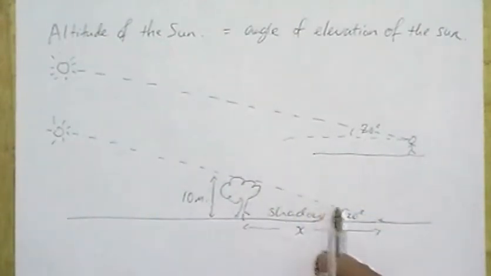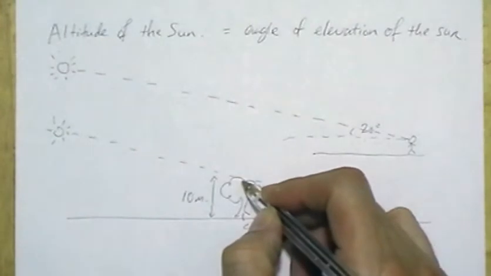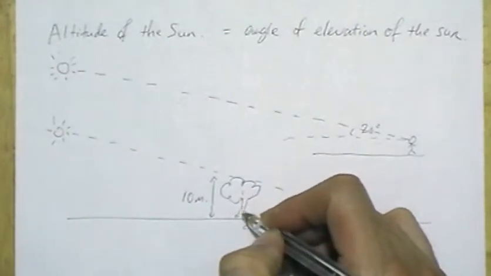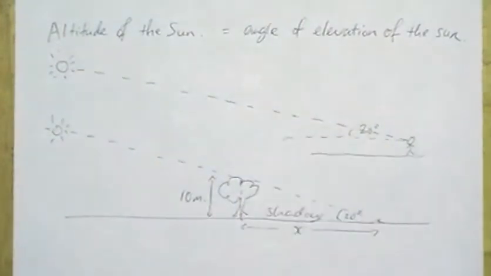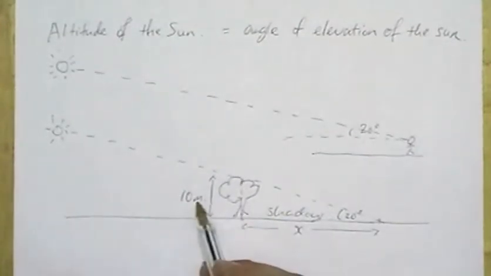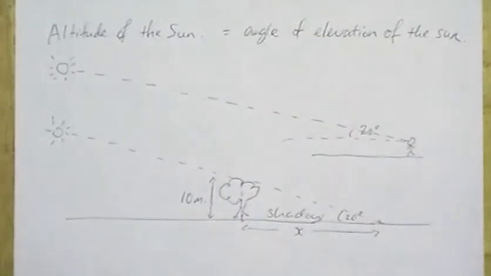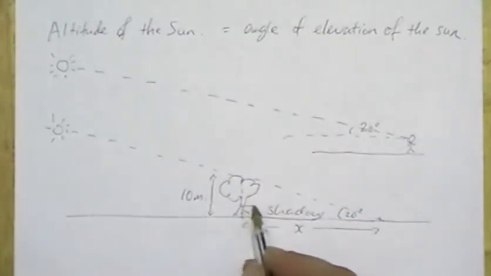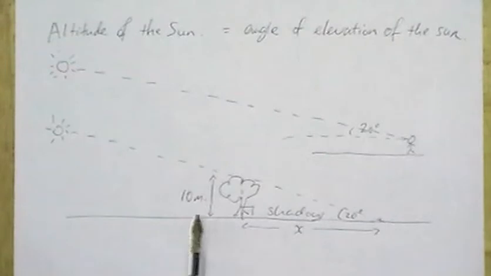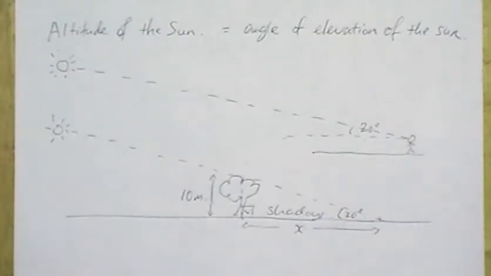This is the hypotenuse, that's the angle, that's the adjacent to the angle, and this is the opposite, the vertical through the tree. The vertical through the tree is 10 meters, the height of the tree, and that's the right angle. So the relation between this opposite, the adjacent, and the angle is again the tangent.